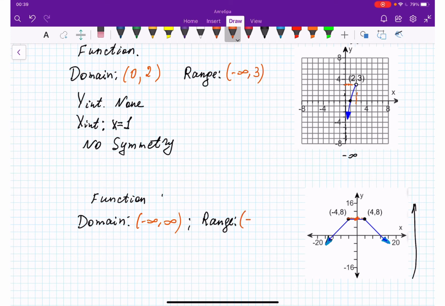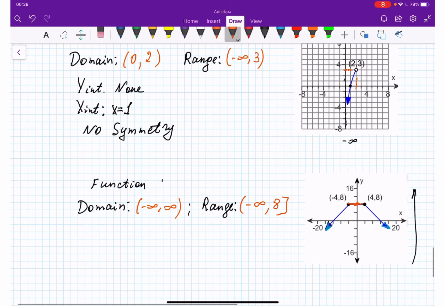So it's going to be negative infinity to 8. Is this 8 included or not? Yes, it's included because it's part of the graph and there is no break. So there we go. Next, we need to find intercepts. Because we need to find intercepts, we are going to put them in the format of coordinates, right?